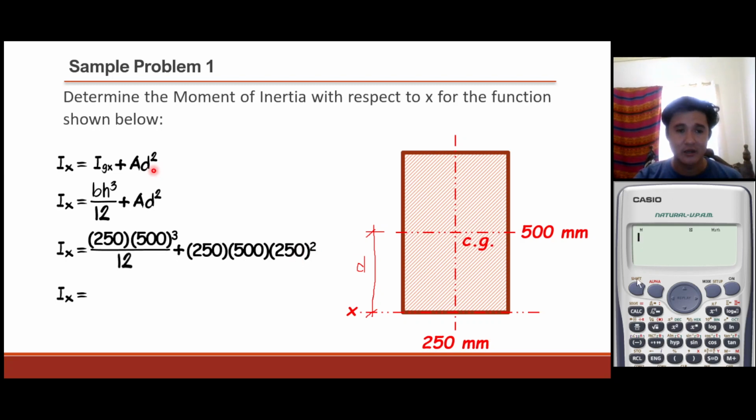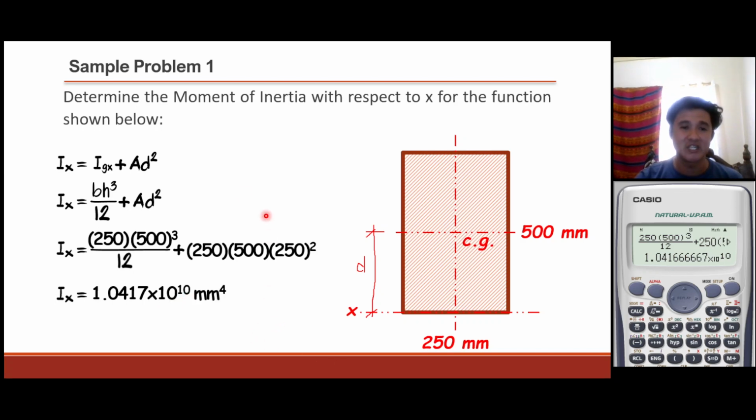Please pull out your calculators. 500 cubed over 12. So the value of our moment of inertia with respect to this x-axis is equal to 1.0417 times 10 raised to 10. And our units are millimeter raised to the 4th.